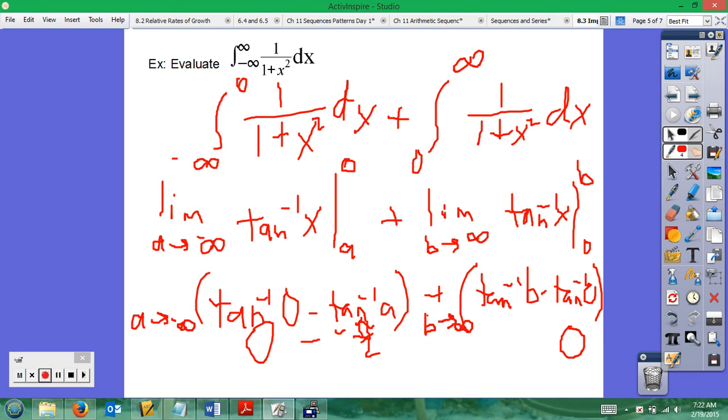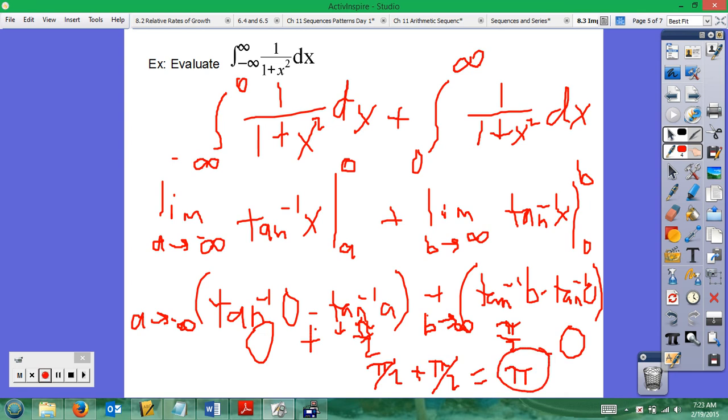If we're plugging a really, really large number in for tan inverse and then working backwards, that means basically the angle is pi over 2, or 90 degrees if we're thinking in degree mode. So we've got minus a negative pi over 2, that's plus pi over 2. Added to that, another pi over 2. This actually has an area of pi.